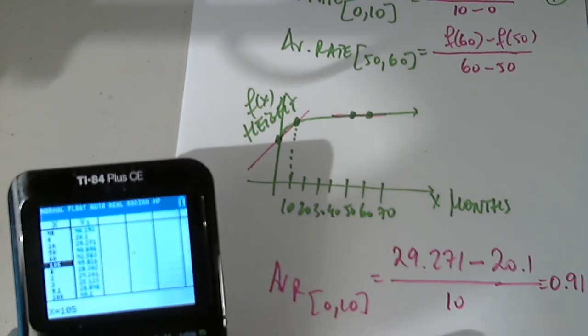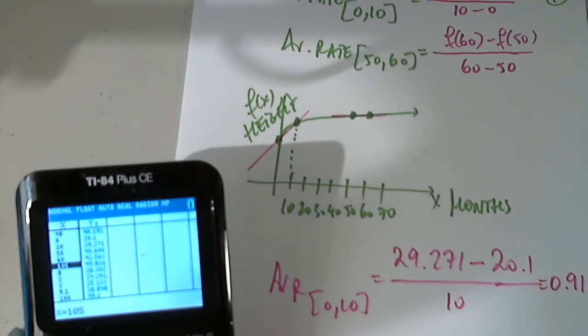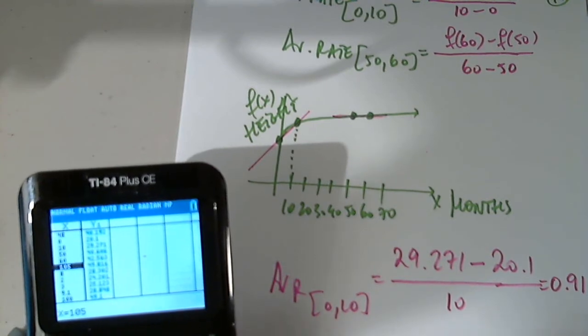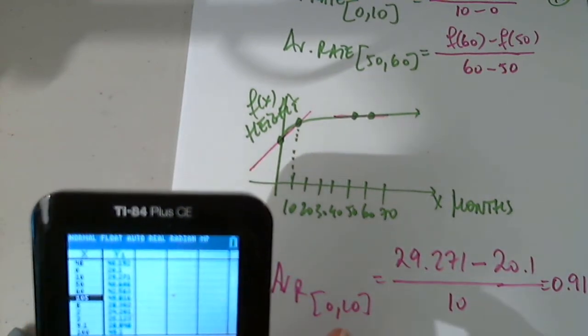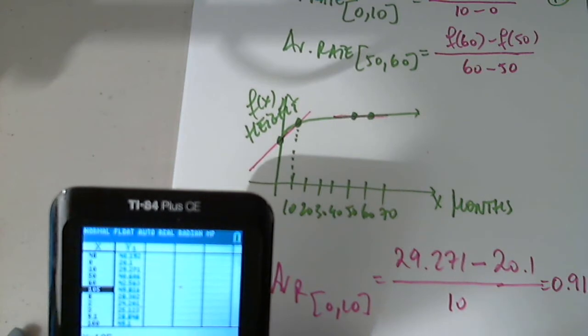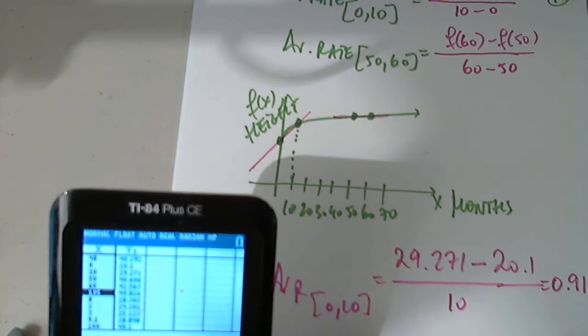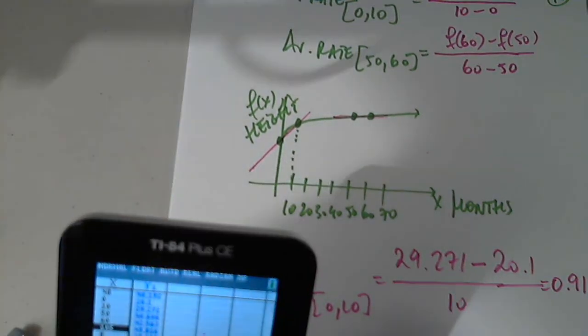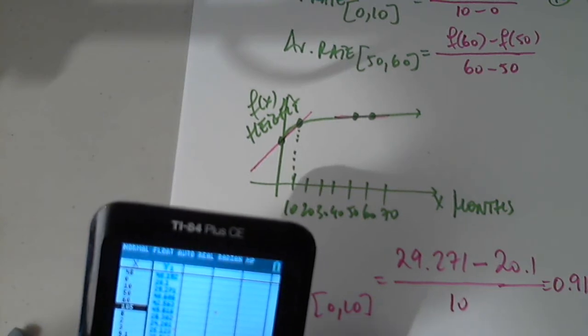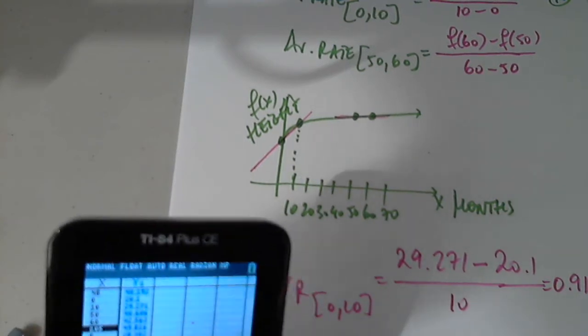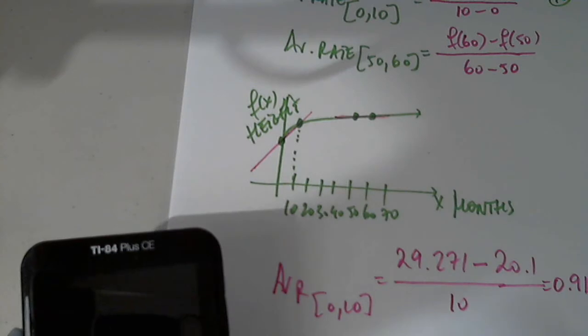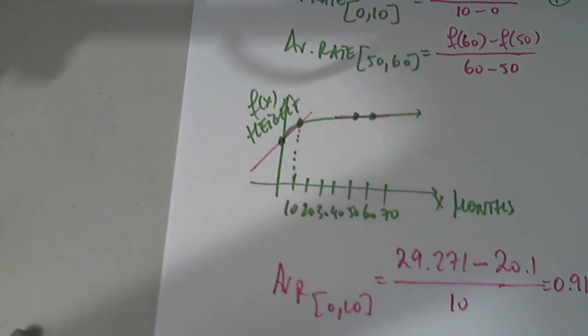Measurement unit, please. And the average rate between 50 and 60. I got for 60, 42.563 minus 40.606 divided by 10.